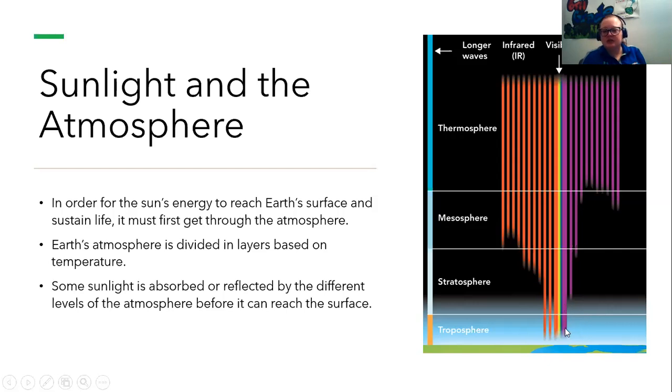Then it goes into ultraviolet light and the infrared light. The infrared light is what nocturnal animals are able to see. The ultraviolet light is what you need to protect yourself from with sunscreen. Actually, I think that's on our next slide.